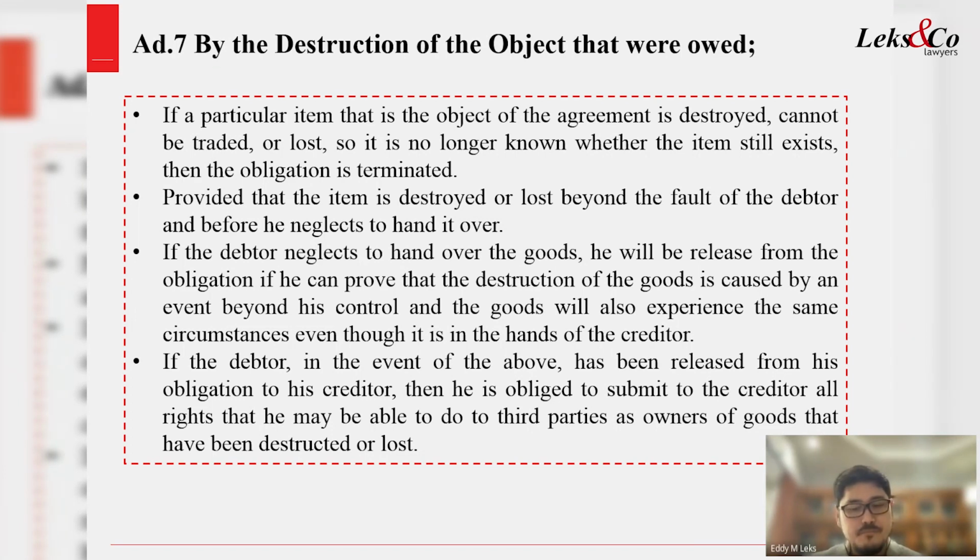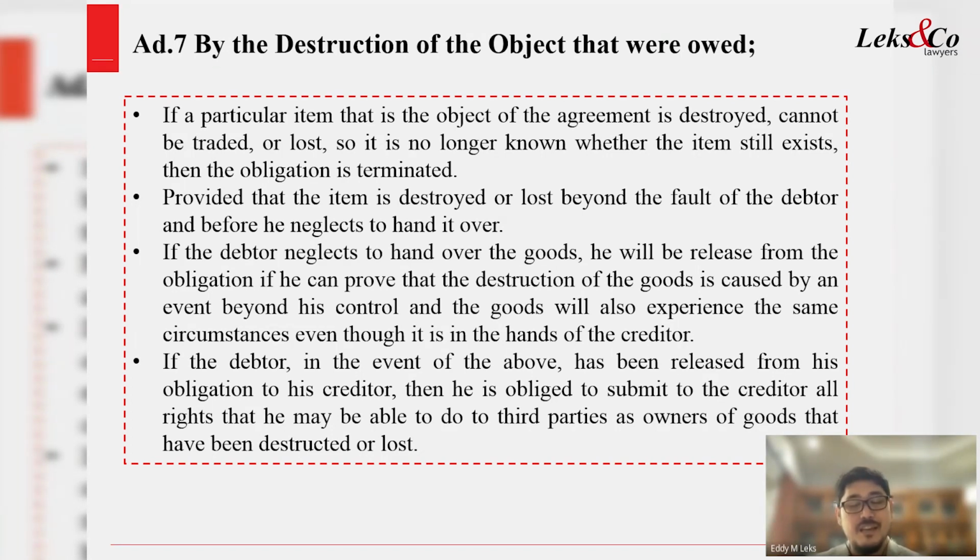Ya. Jika barang yang terutang di luar salahnya si berutang musnah, tak lagi dapat diperdagangkan atau hilang, maka si berutang jika ia mempunyai hak-hak atau tuntutan ganti rugi mengenai barang tersebut, diwajibkan memberikan hak dan tuntutan tersebut kepada orang yang mengutangkan kepadanya.